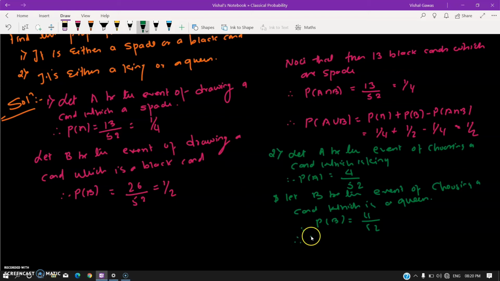Therefore, A and B are mutually exclusive, so the probability of A intersection B is zero. Therefore, the probability of A union B becomes the probability of A plus the probability of B. That's 8 over 52.